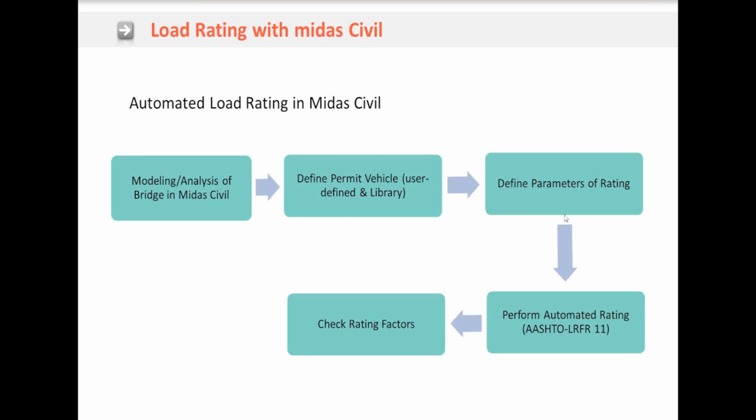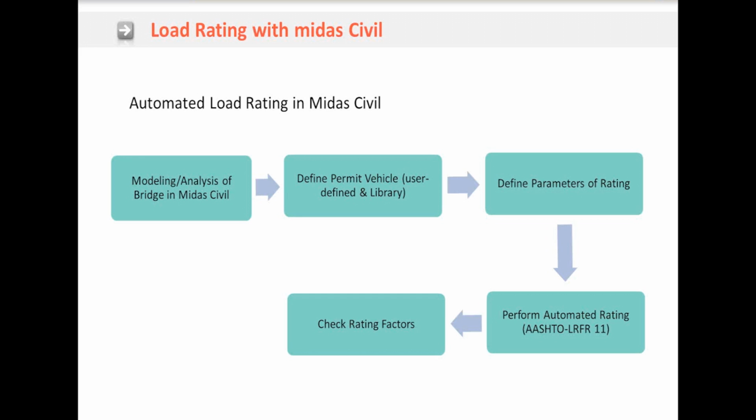Midas Civil 2013 is capable of doing the rating as per AASHTO LRFR 2011, which is the latest version of the load rating by AASHTO. At the end, we check the rating factors and compare them, to see if the structure is safe for a certain type of vehicle or not.